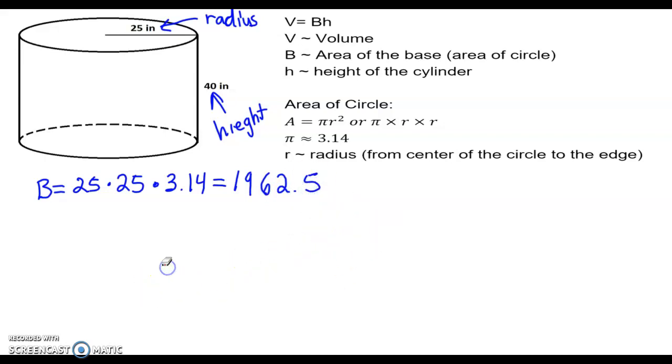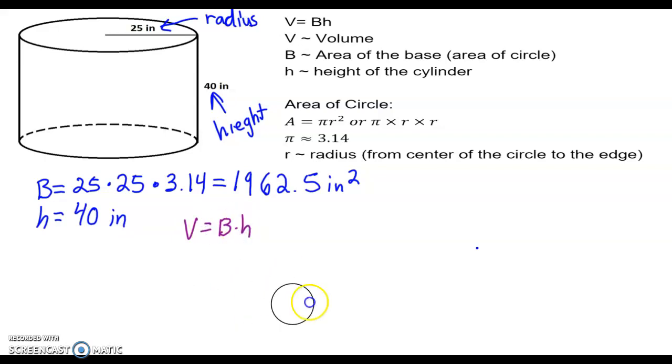Now, my units for my area of the base, since it's area, are going to be inches squared. Then I'm also going to label my height. So the height of the cylinder is 40 inches. And now I can use V equals capital B times H in order to find the full volume of this cylinder.